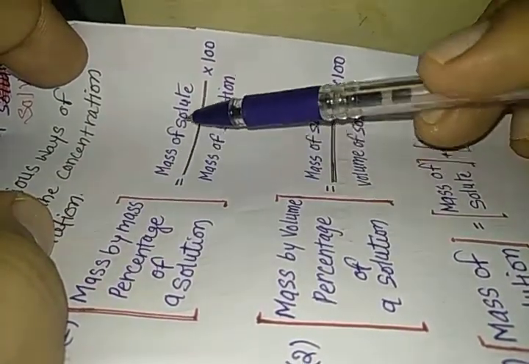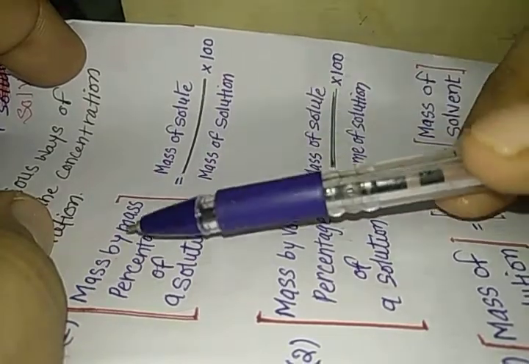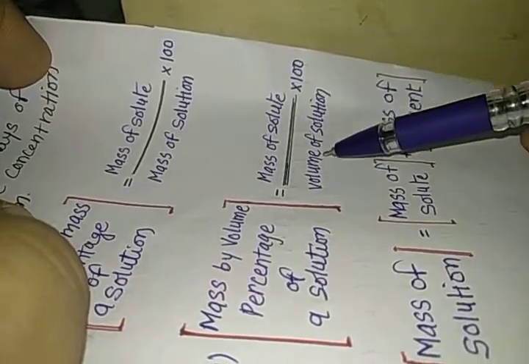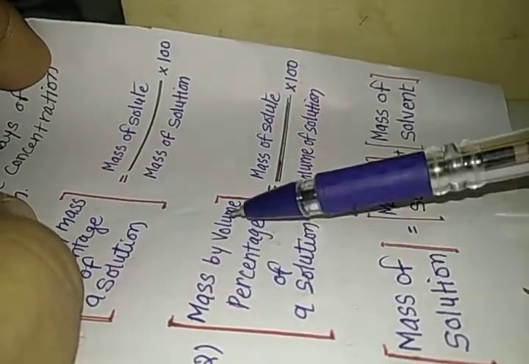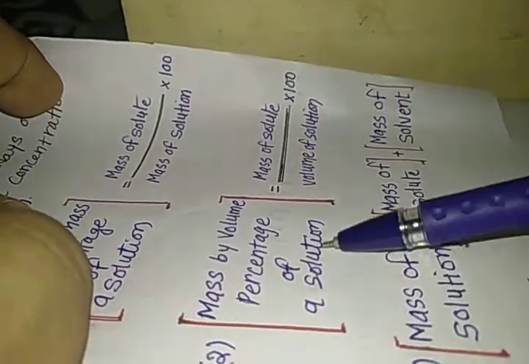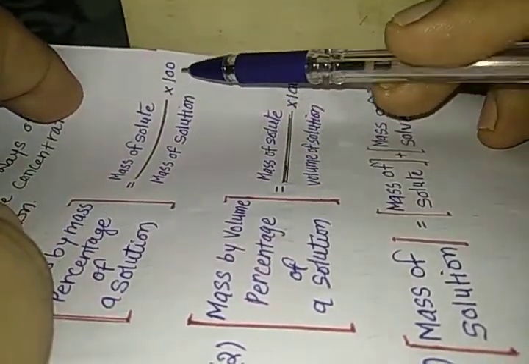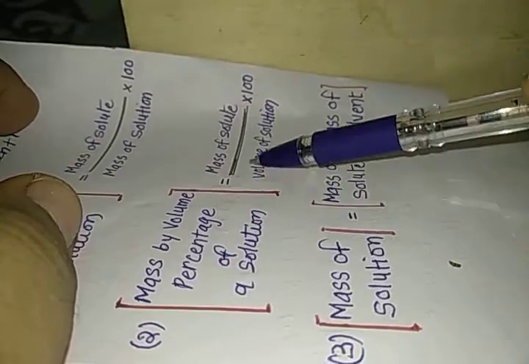That means mass of solute divided by mass of solution gives us the mass by mass percentage. Mass of solute divided by volume of solution gives us the mass by volume percentage. And as percentage is calculated on the basis of 100, we multiply this value with 100. So we get mass by mass percentage of a solution, or mass by volume percentage of solution.